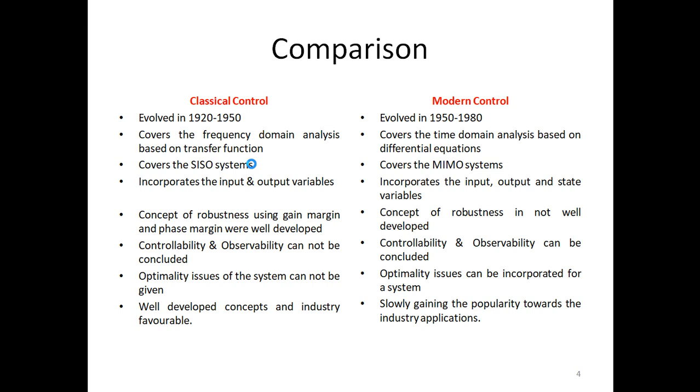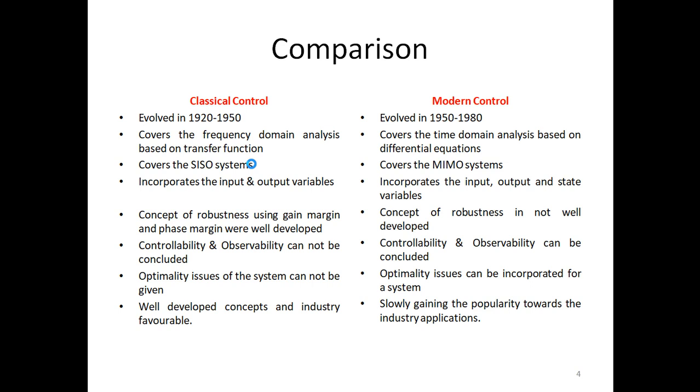On a specific comparison of classical, that is conventional, control systems and modern control systems, we can say that the conventional or classical control system developed between 1920 and 1950, while modern control theory came into existence in 1950 to 1980.